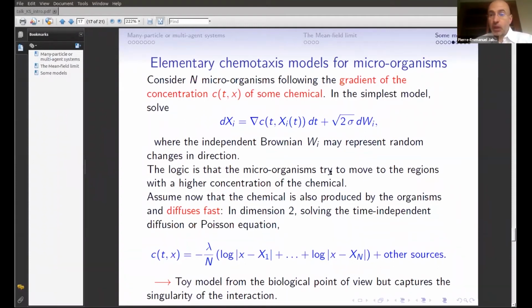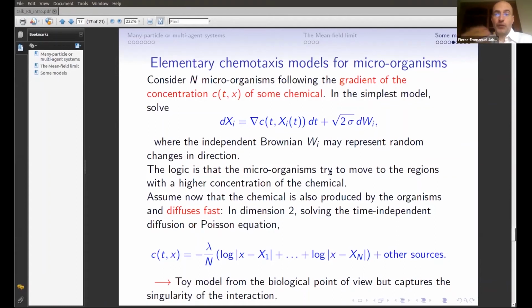And if I do that, right, I also have to calculate the evolution of the concentration. And the interesting case is when you have a coupling, and that coupling, for instance, can proceed from the fact that bacteria, microorganisms, produce the chemical themselves. So if they produce the chemical themselves, I should have a diffusion equation on C with source terms centered at each xi.